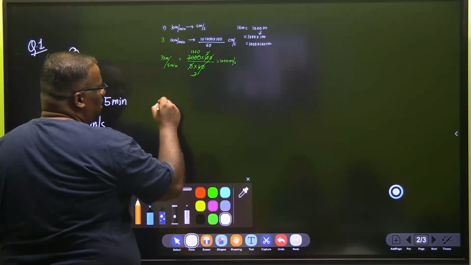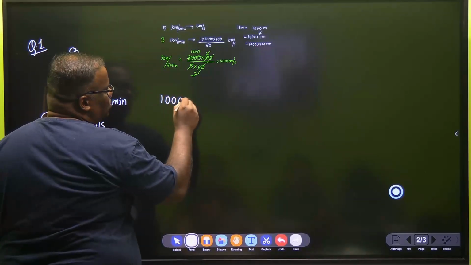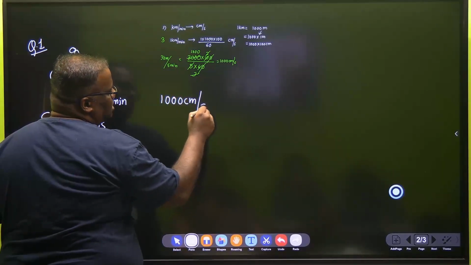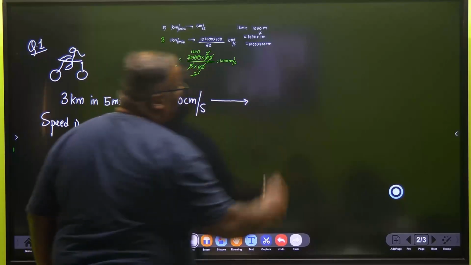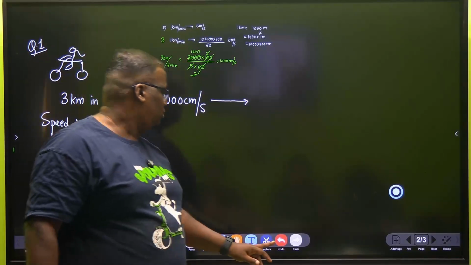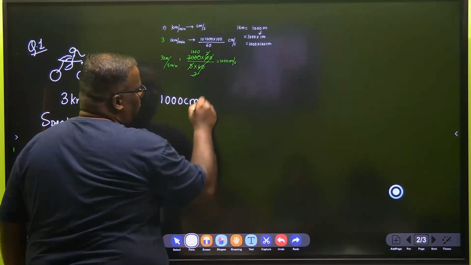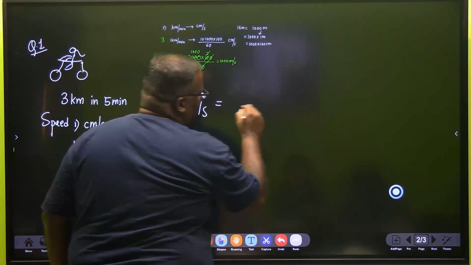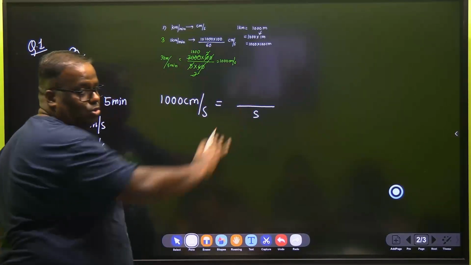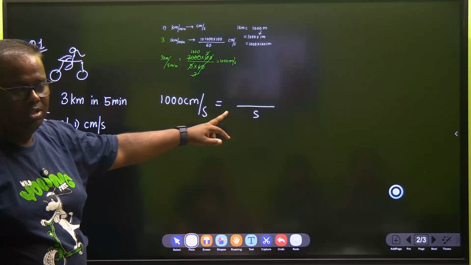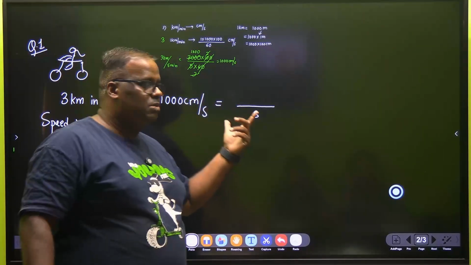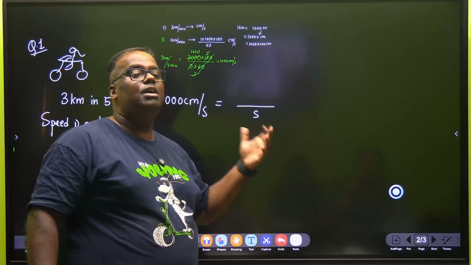What is her speed? Her speed is 1,000 centimeter per second. We need to report it in meters per second. So already we have a second out here. No issues. Only the top has to be converted. Every centimeters to meters means divide by 100.